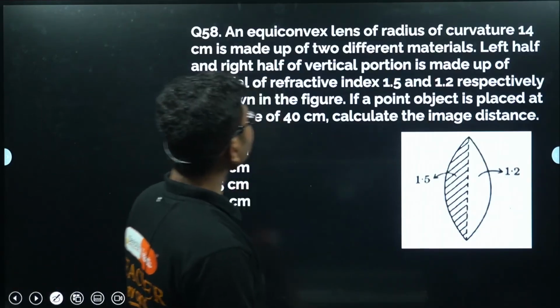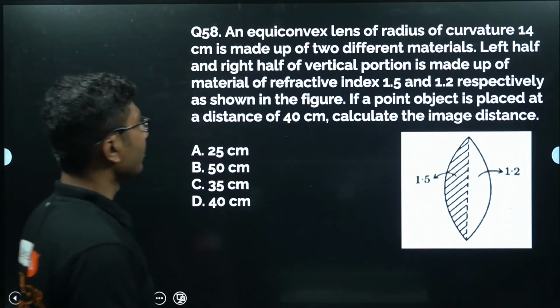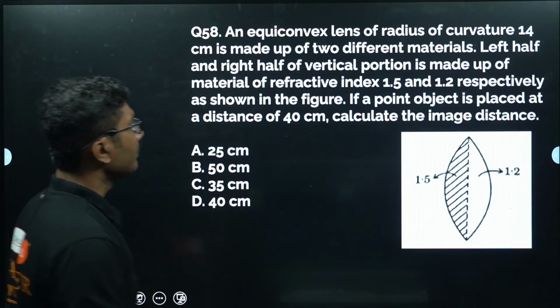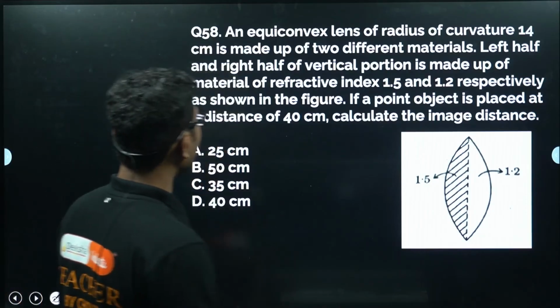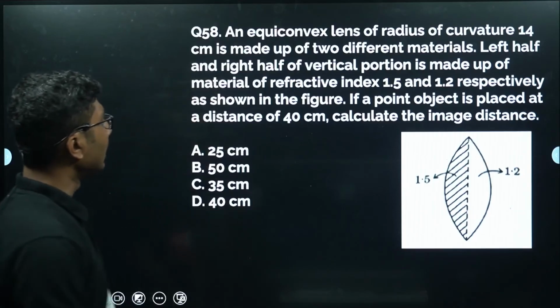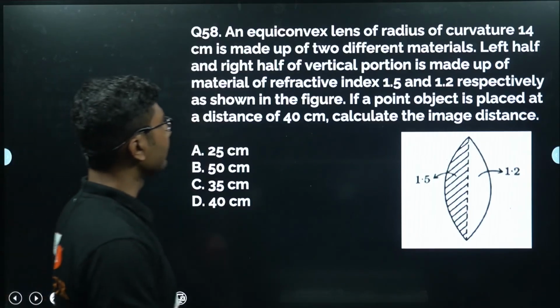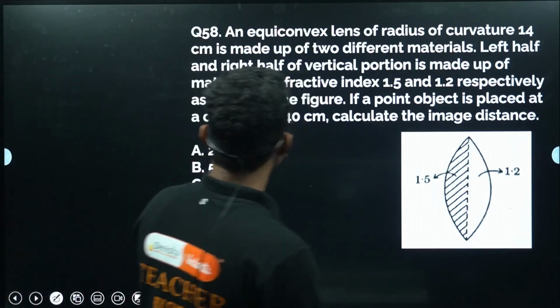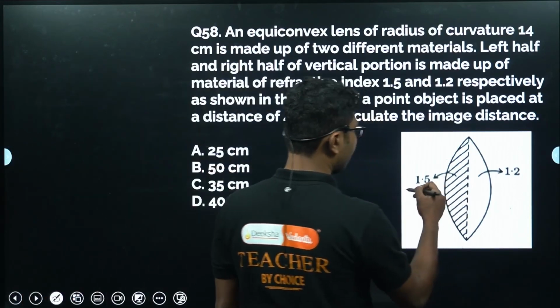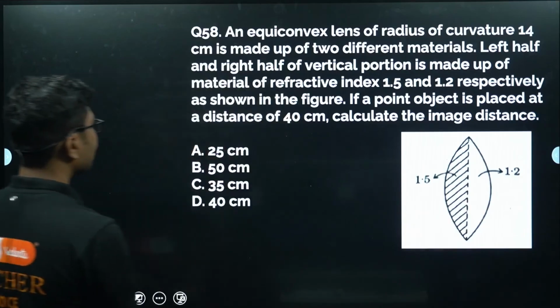An equiconvex lens, this is also another interesting question from ray optics. An equiconvex lens of radius of curvature 14 centimeter is made up of two different materials. Left half and right half of the vertical portion is made up of material of refractive index 1.5 and 1.2, as shown in the figure.